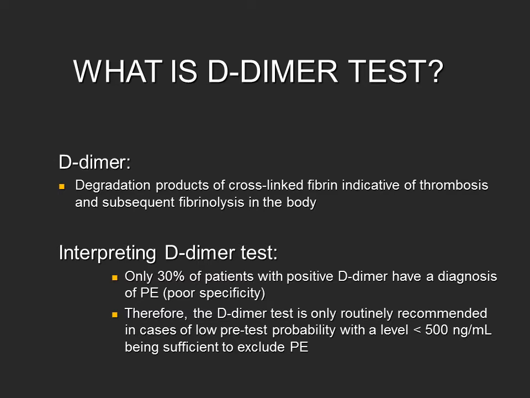Therefore, although the test has poor specificity, it is routinely recommended in cases where the pretest probability is low, as determined by Wells criteria. If the D-dimer value is less than 500 nanograms per milliliter in these patients, PE can be excluded.